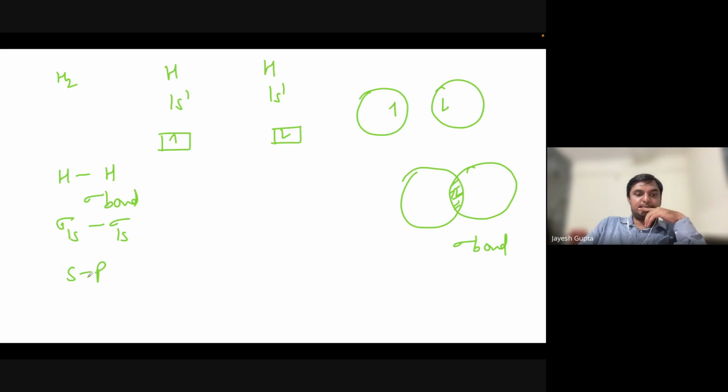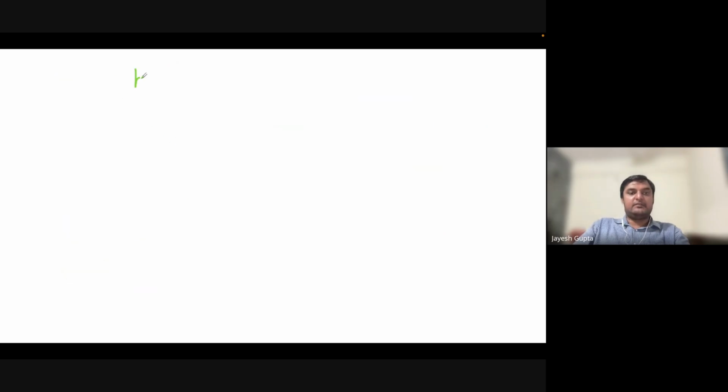Now if I talk about s-p, for that I can take the example of HF. First, write the electronic configuration: for hydrogen write 1s1, for fluorine write 1s2, 2s2, 2p5.